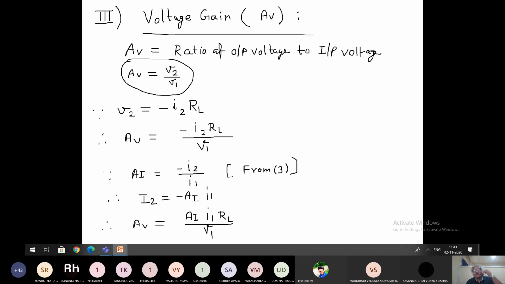And if you have to calculate the overall voltage gain, then you have to consider the voltage across RL, and you have to consider the input voltage as the source voltage, right? Because these are the internal parameters which we have calculated here.